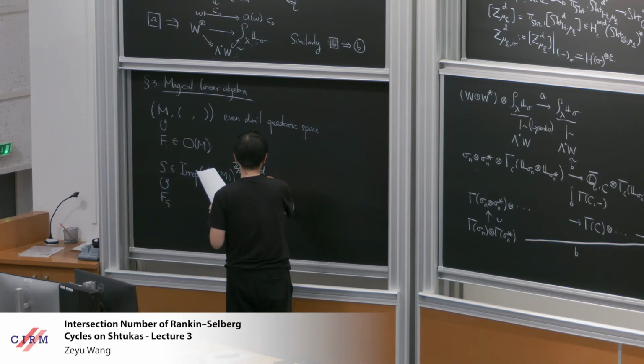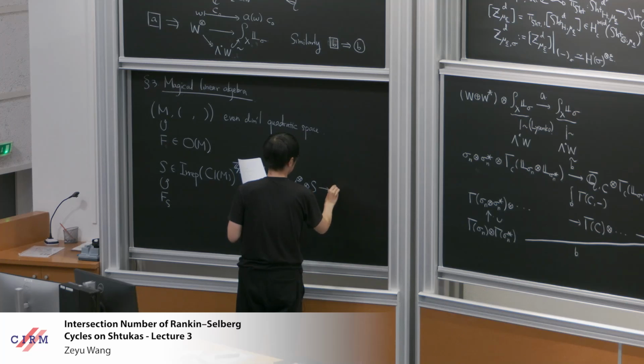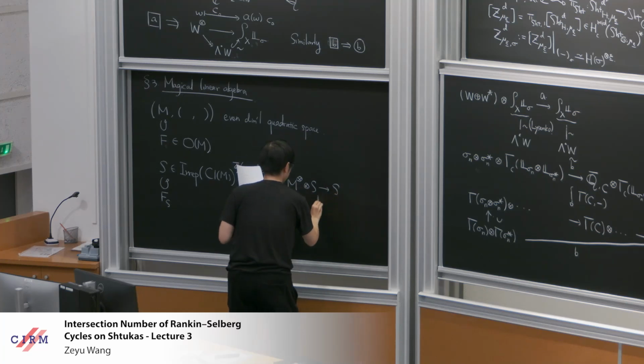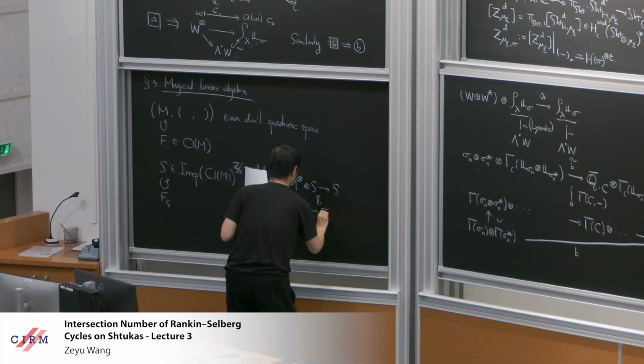From this module you have the action map, which is a map from M tensor S to S, and it's the same as a map from M to endomorphism of S.